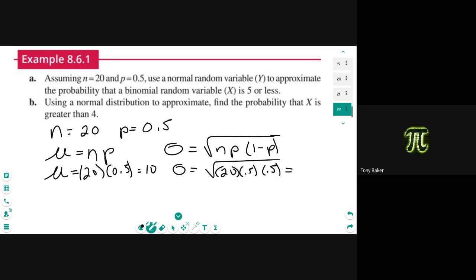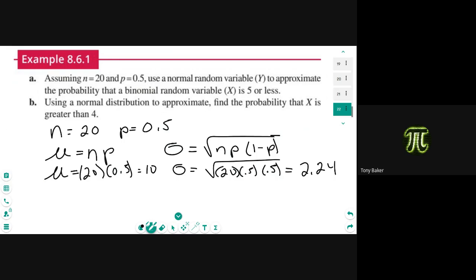And I got 2.24. The key is making sure you can get that number using whatever calculator you're going to use when you do your test. If you can't get that number, then you need to say something so I can make sure you can get that number.